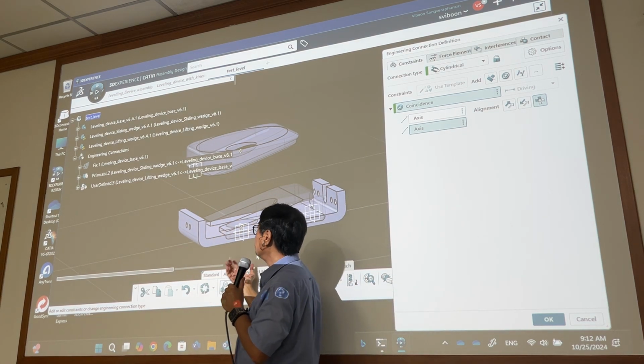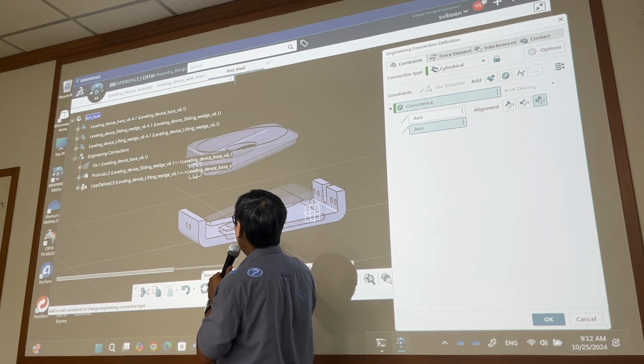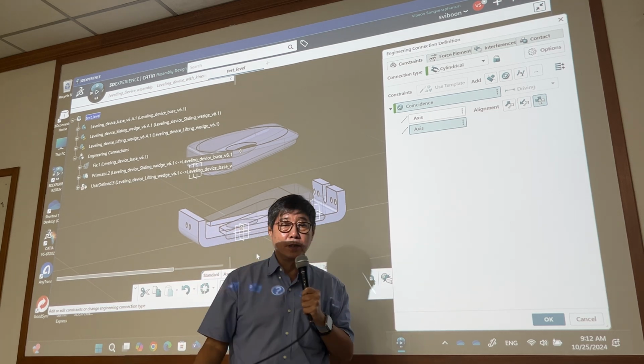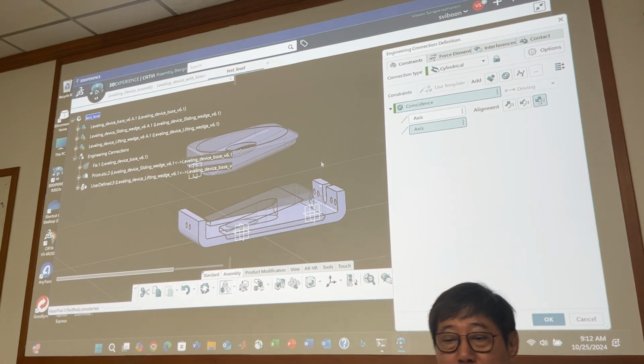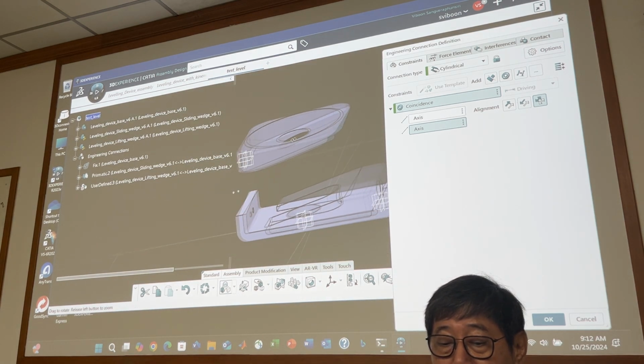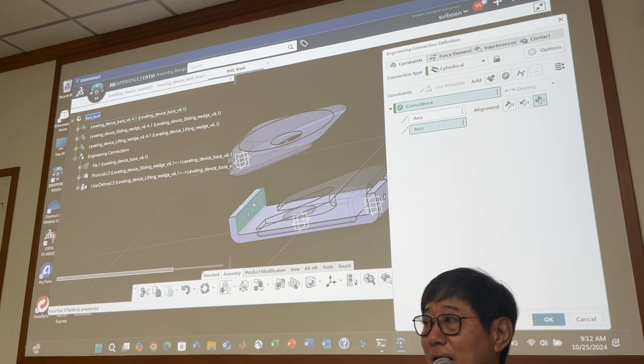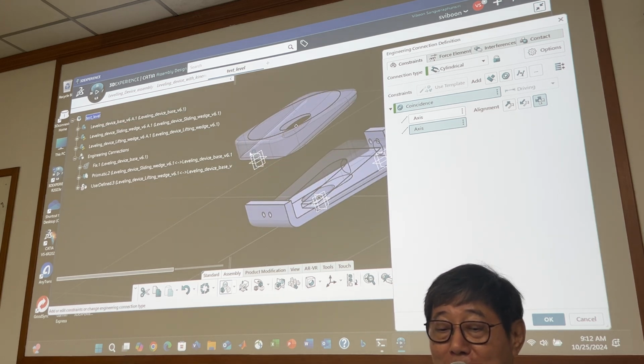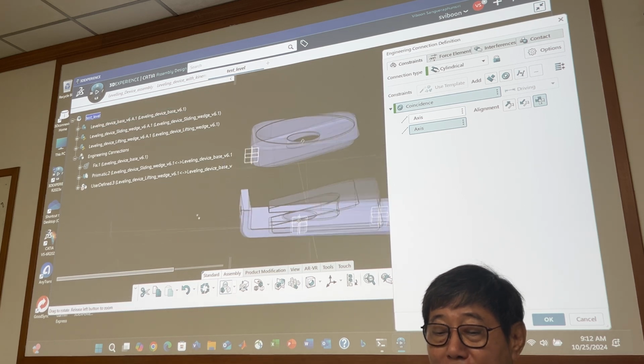I can set any plane. Let's say I choose this plane, and this plane, and this plane. There is a crash here, so let me make sure.